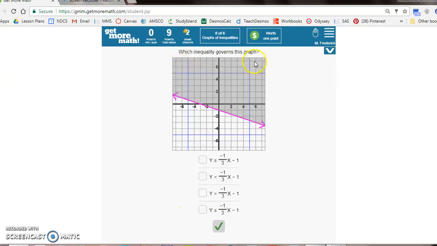Notice the shading above the graph. Because the shading is above our line, we want the y to be greater than or equal to. So our correct choice in this case is the first question.